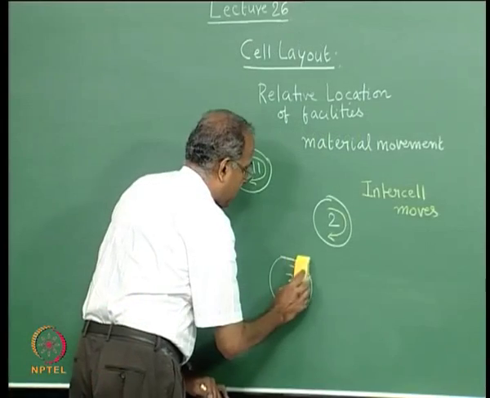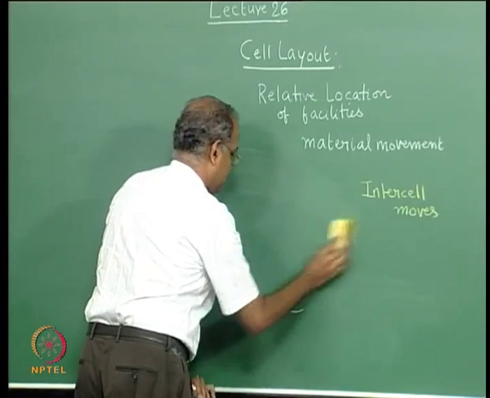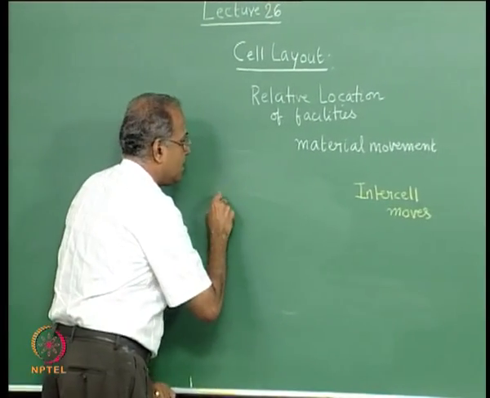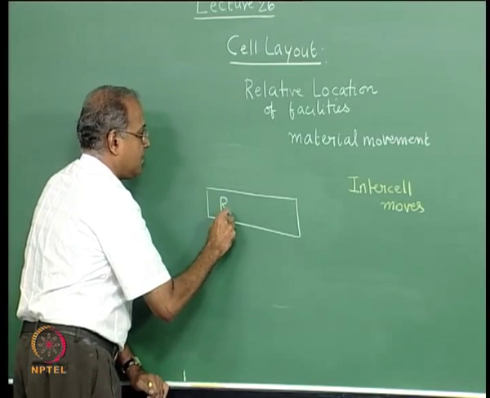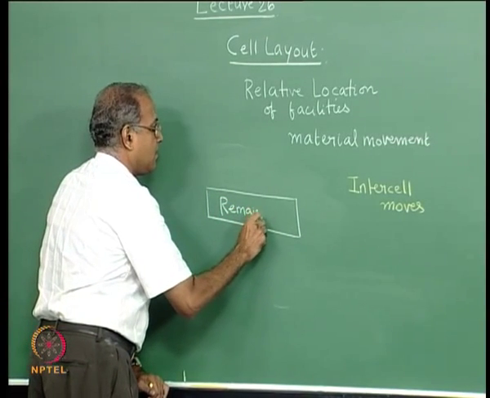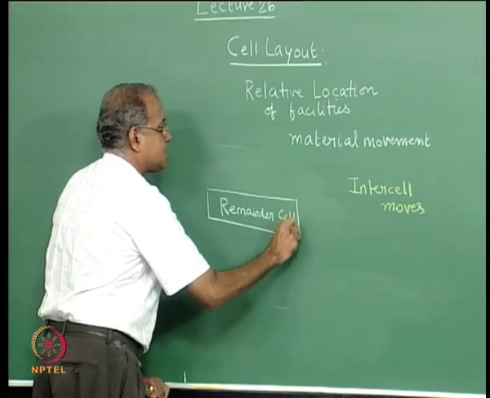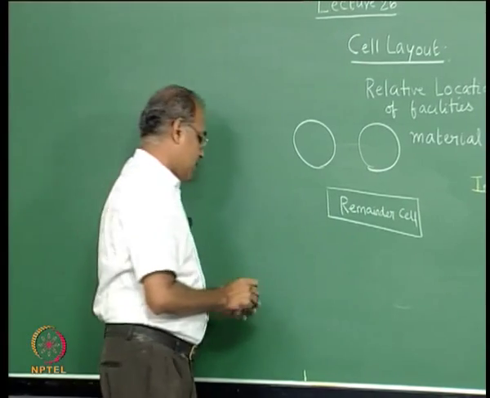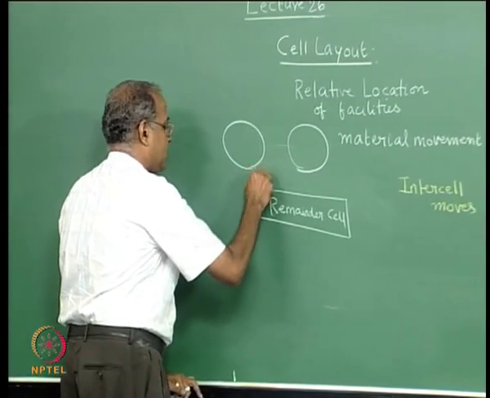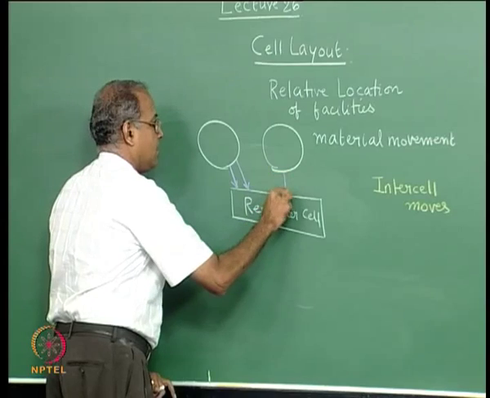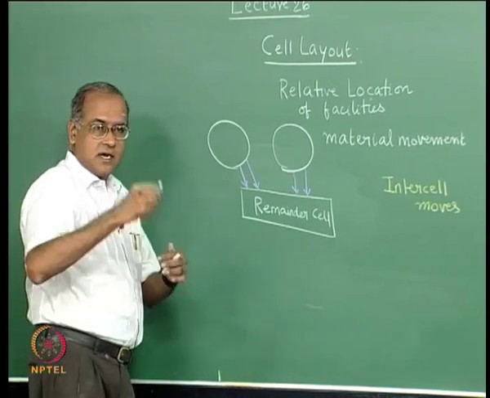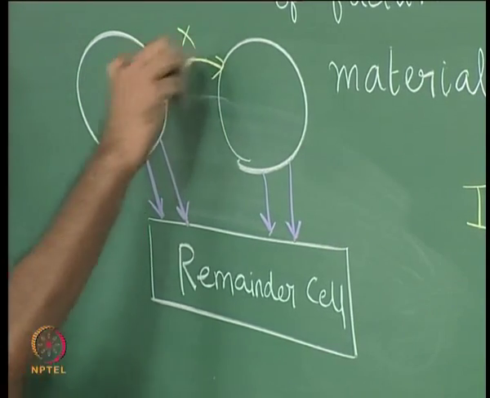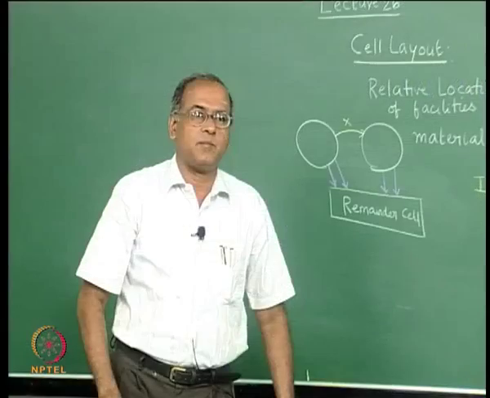We also spoke about different types of cells, and one of the things that we spoke about is something called a remainder cell or a service cell, and cells that are located like this, where there is a large material movement which is allowed and permitted, while this material movement is not there or it is minimized.